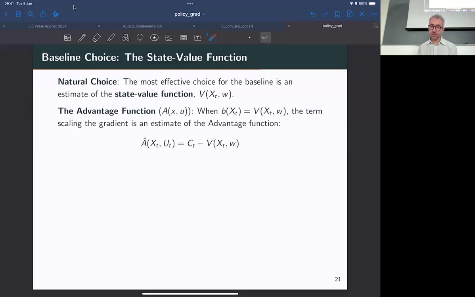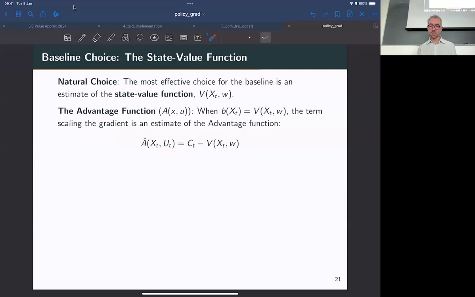is basically that the cost to go minus the baseline, which is the value function, is called the advantage function. What is the advantage function? It's basically a function that tells me how good this action is with respect to the average cost that my policy would give me starting from this state.